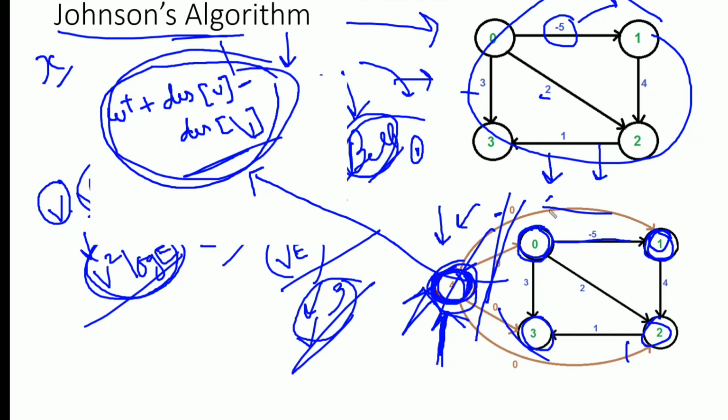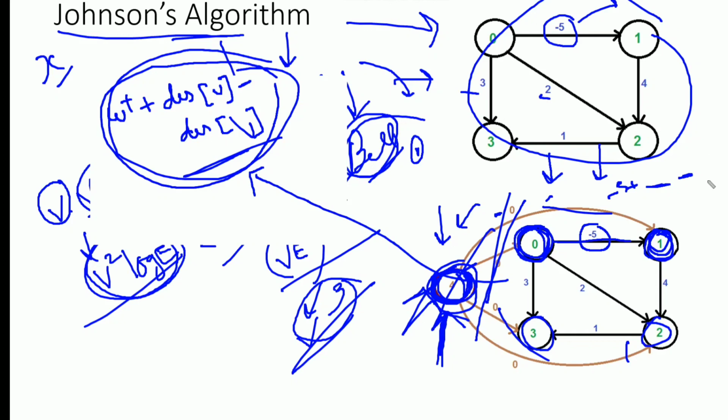So we are going to use this formula. The original weight is -5. So -5 plus the distance value we found using Bellman-Ford algorithm for vertex 0, and minus the distance value of this other vertex, which we also found using Bellman-Ford algorithm.